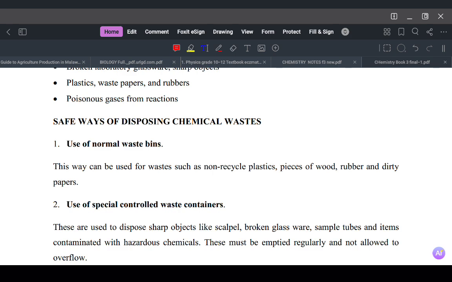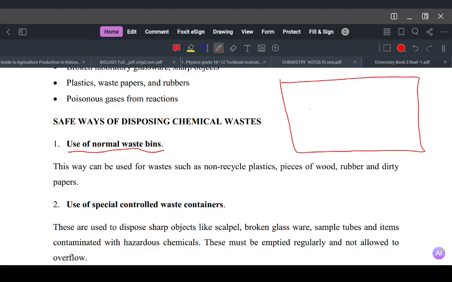One of the ways of disposing chemical waste is the use of normal waste bins. So we have strategically positioned waste bins. Let's say this is your lab. Strategically you place a bin just at the corner there where waste can be thrown into.